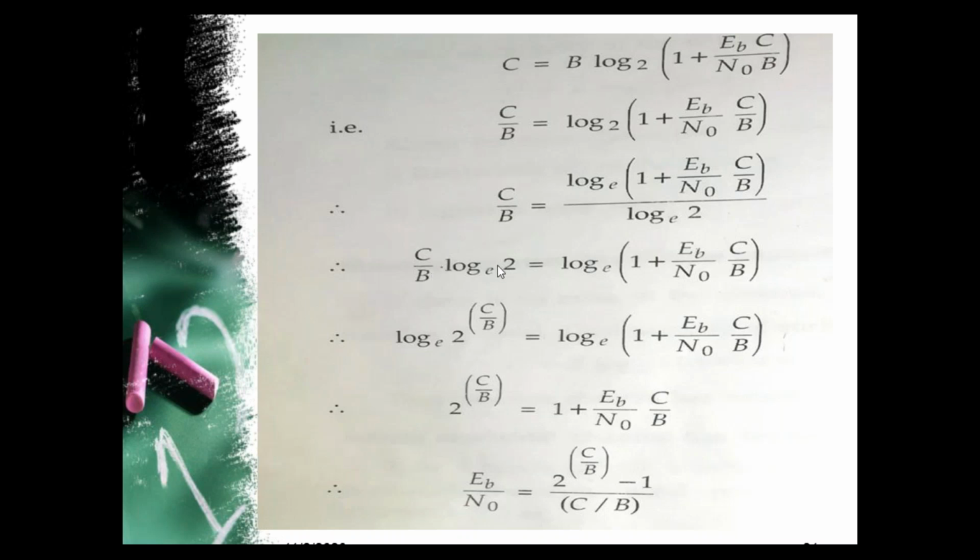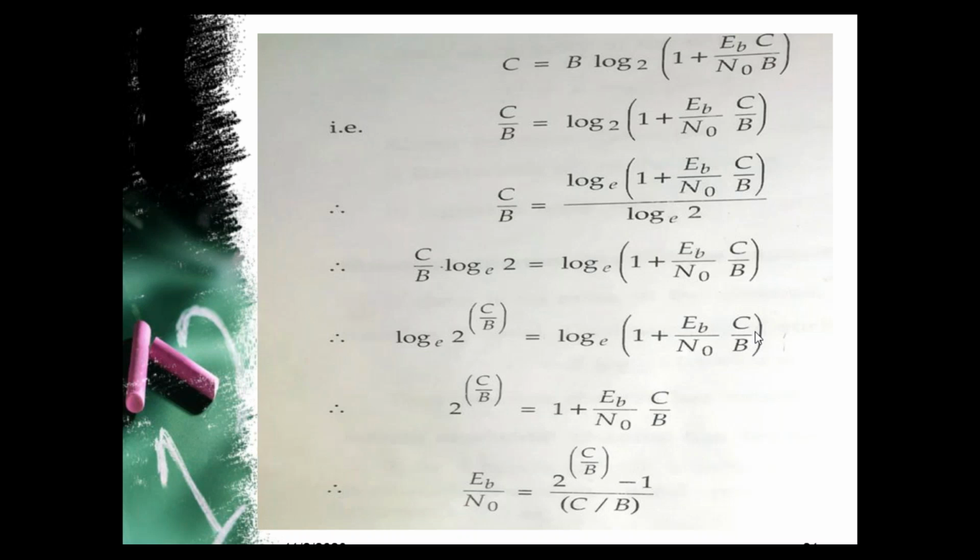C by B into log e 2 is equal to the logarithm of 1 plus Eb by N0 C by B. Then the logarithm of 2 raised to C by B is equal to the same RHS.